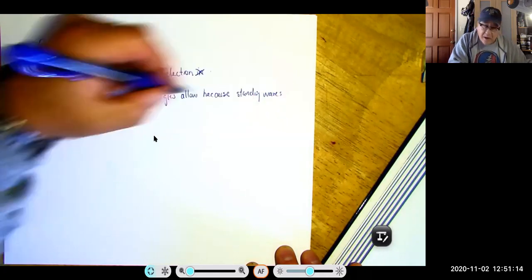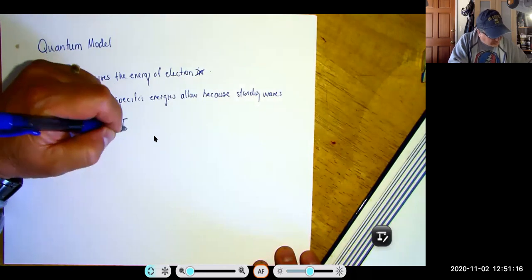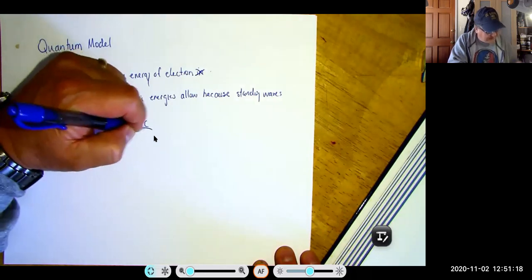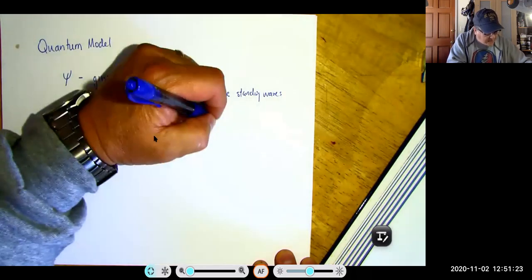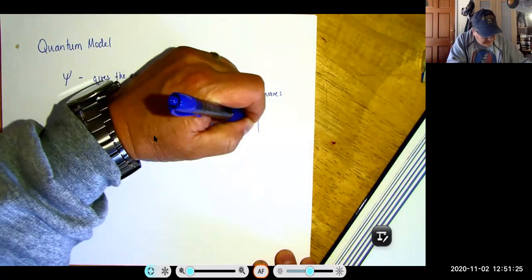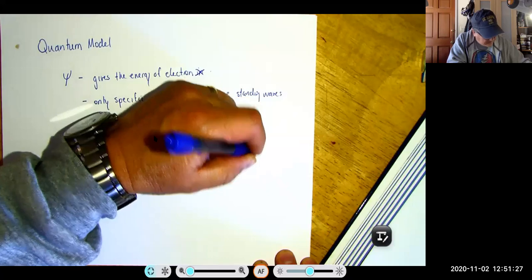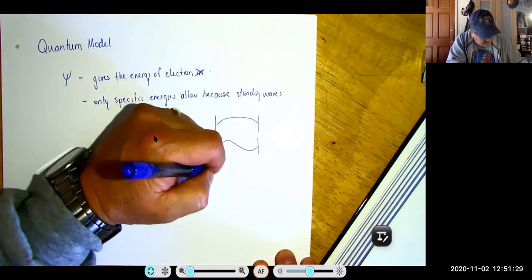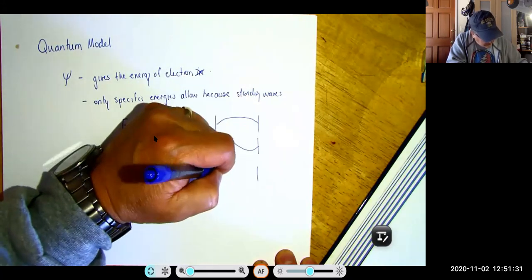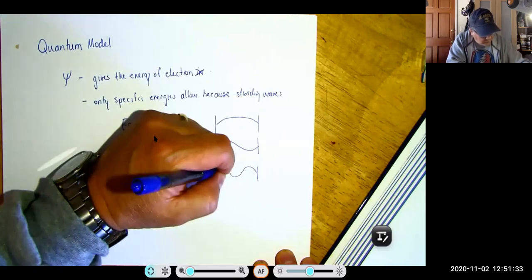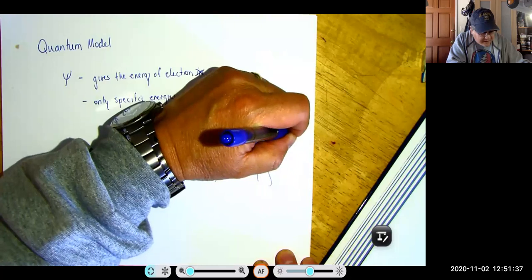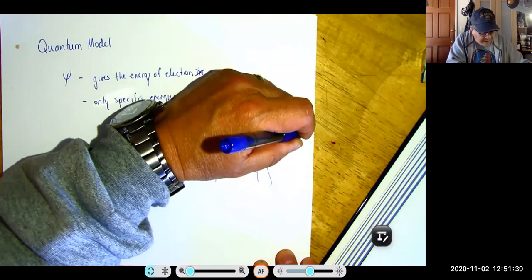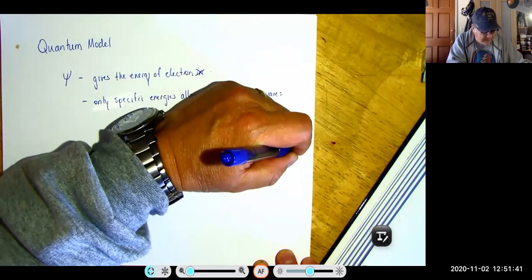Do you remember that equation E equals hc over lambda? And with these drawings here, only specific wavelengths are allowed, right?